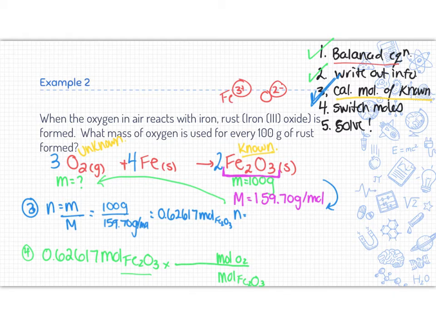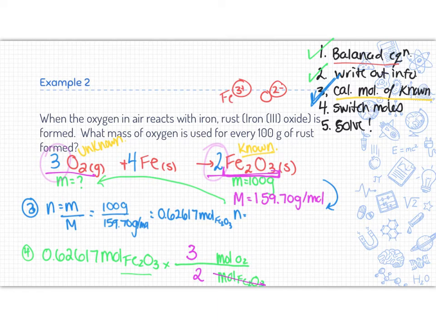Now, every time we go to fill this in, we are looking at the coefficients of the balanced equation. So I know that it took 3 moles of oxygen to make 2 moles of iron 3 oxide. Notice that I put the coefficient where I put the compound in the mole ratio.